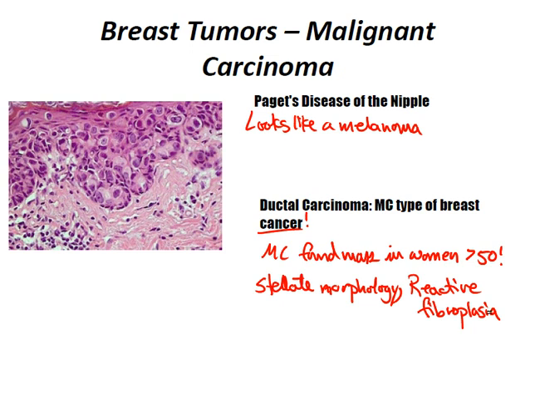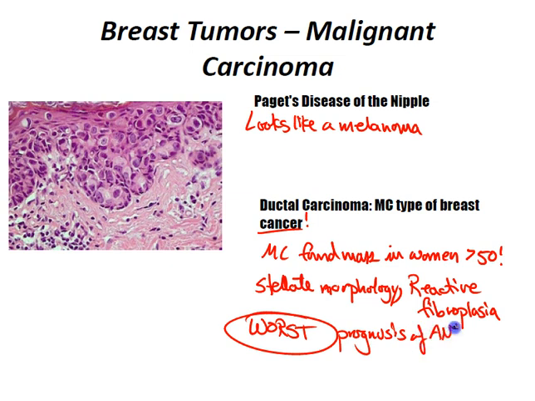This is the worst prognosis of any breast tumor, and it's the most common found mass in women greater than 50. So you see the problem here? One-third of these have the HER2 CERB beta 2 amplification gene.